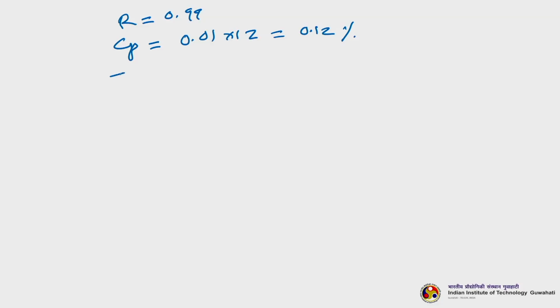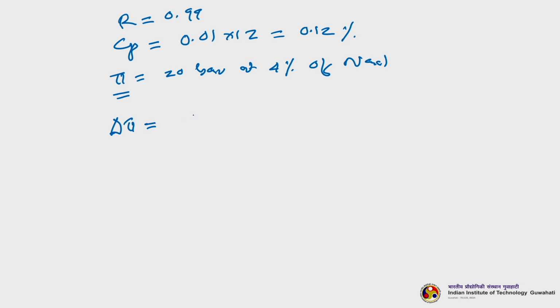Now, pi equals 20 bar at 4% NaCl, as given in the problem statement. This is the osmotic pressure difference between the feed and the permeate. So now we have to calculate delta pi.